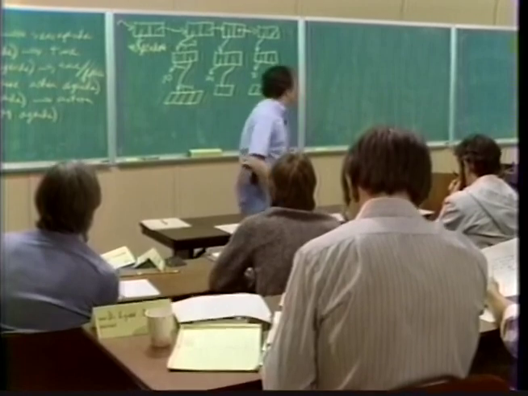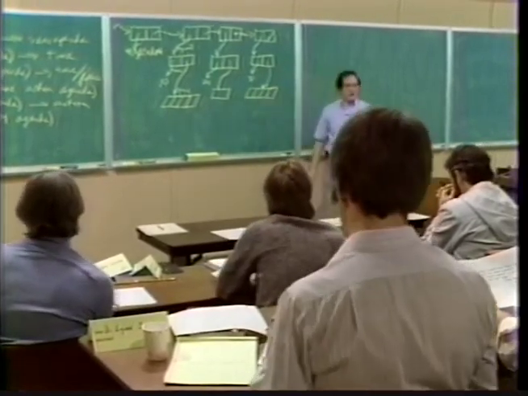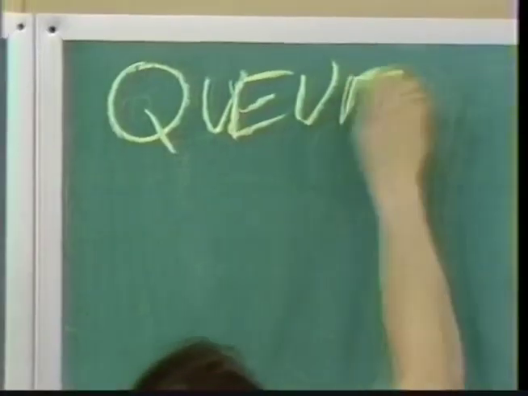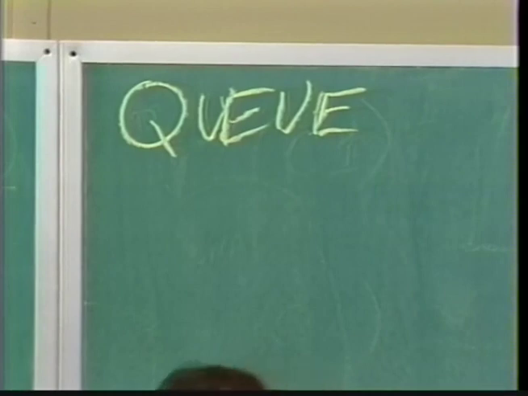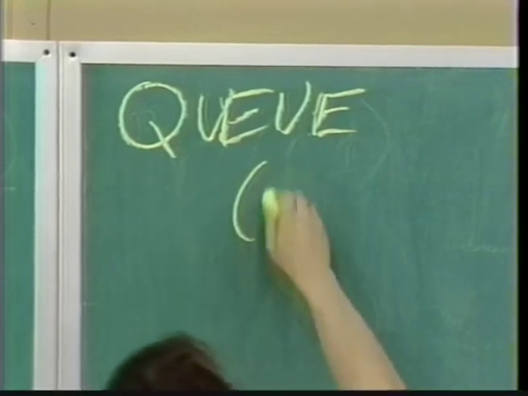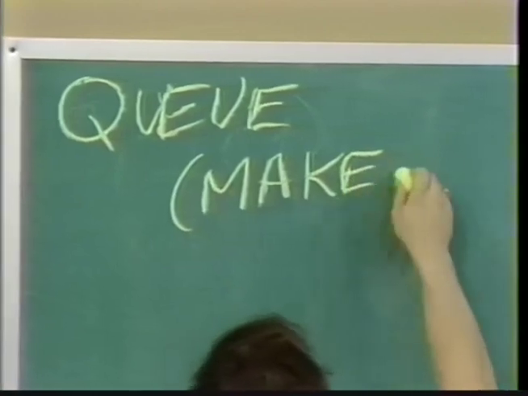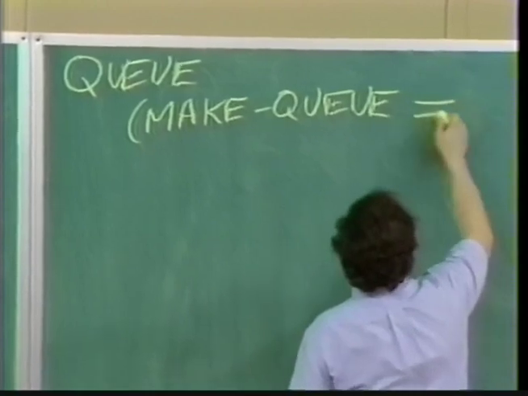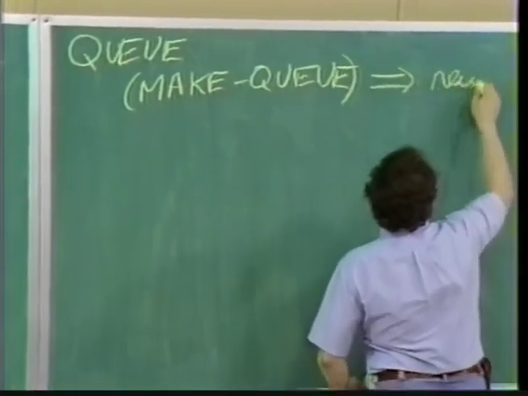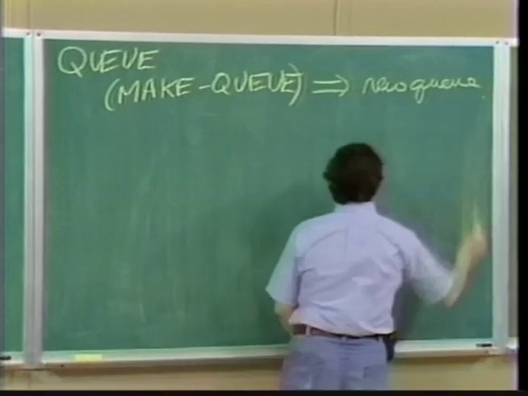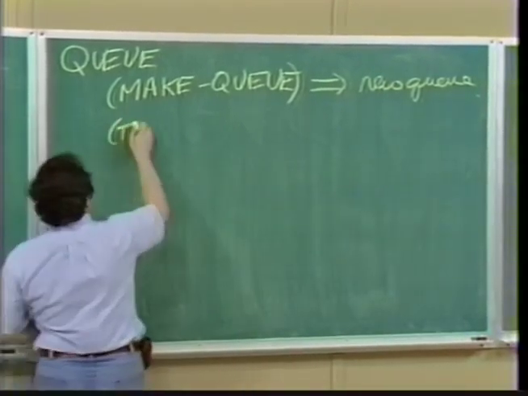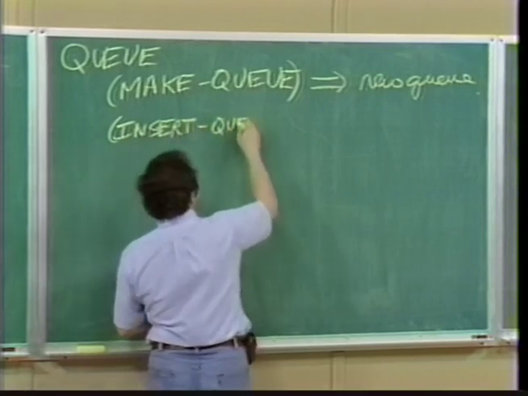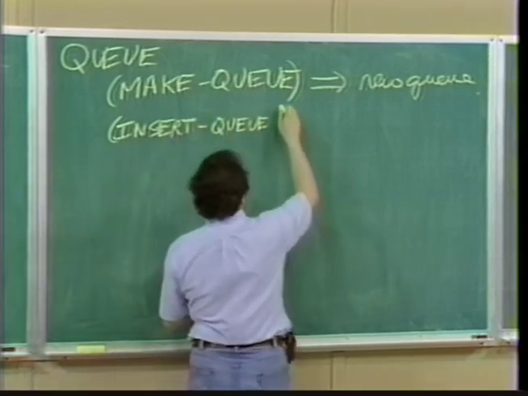They're similar, because each of these agendas has a queue in it. What's a queue? Queue is going to have the following primitive operations. To make a queue, this gives me a new queue. I'm going to have to be able to insert into a queue a new item.